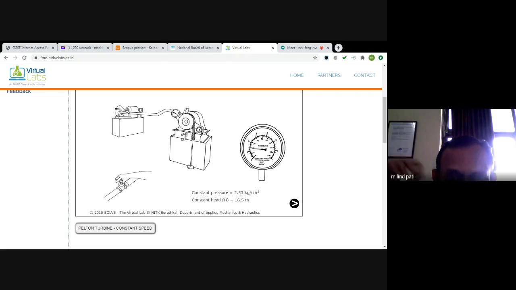You will find the answer is in Pascal, that is Newton per meter square, but remember, you have to convert it into bar first, and that answer is 2.53. I will not show you how to calculate the pressure because you must know this fundamental principle.